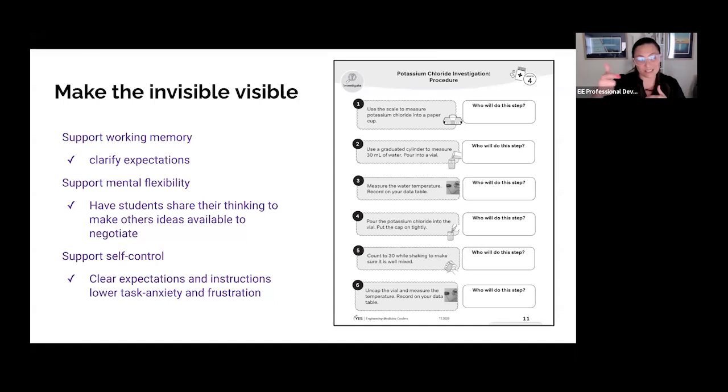So they need to hear that other people are thinking something different than them. And we see this a lot when we're asking students to collaborate in these engineering environments, because we're really saying, hey, you all have different imagined ideas from that engineering design process. Now you need to put them together into a plan, and you may not agree, and we need to figure out how to negotiate that.